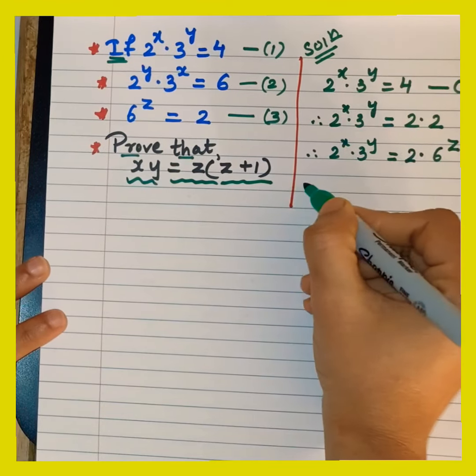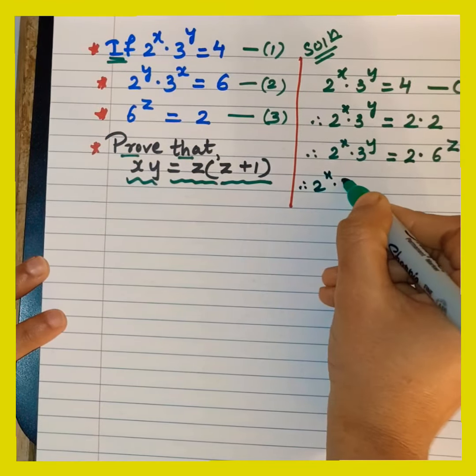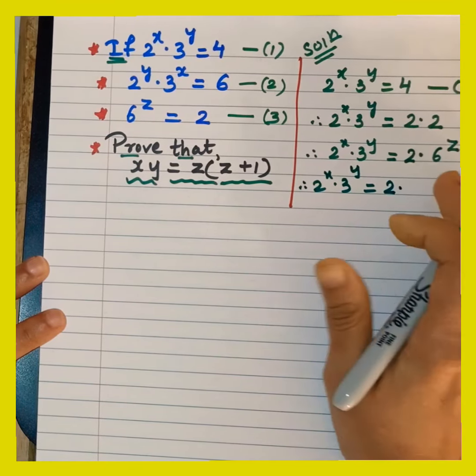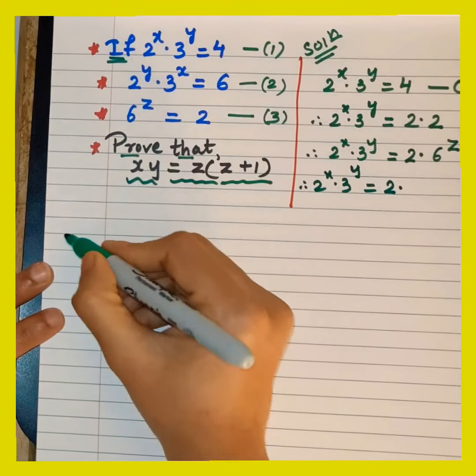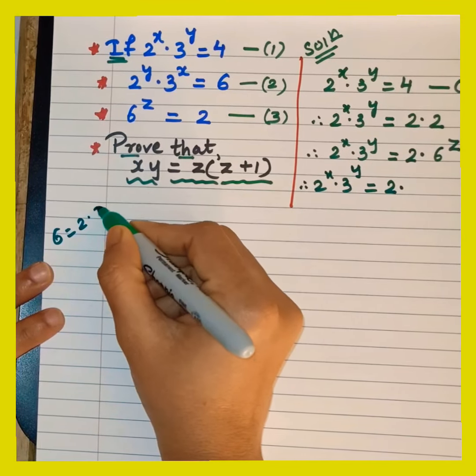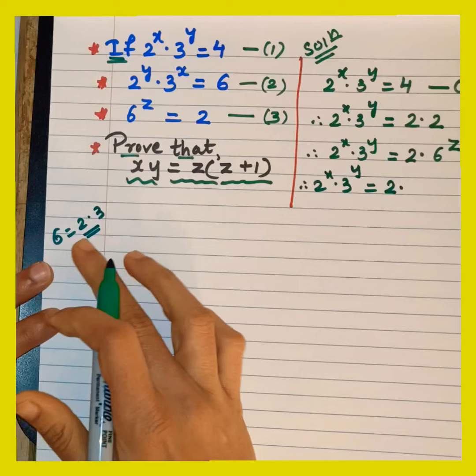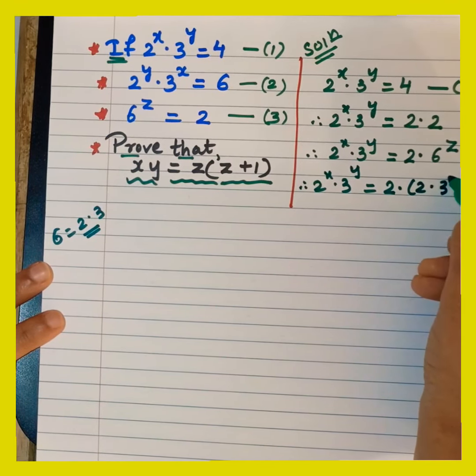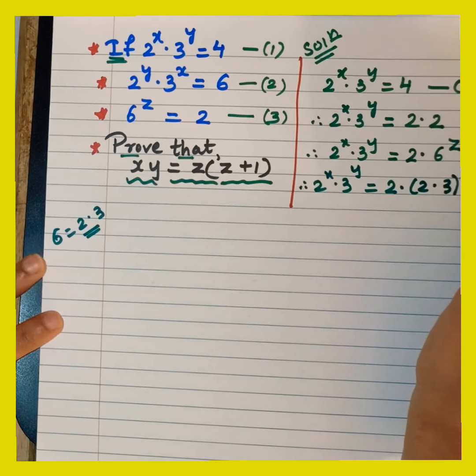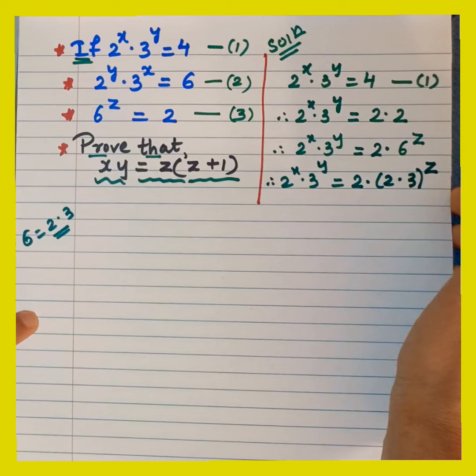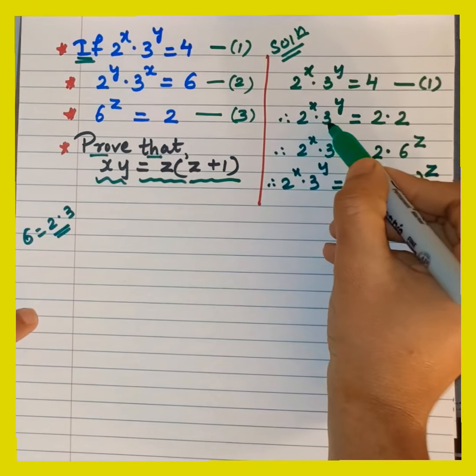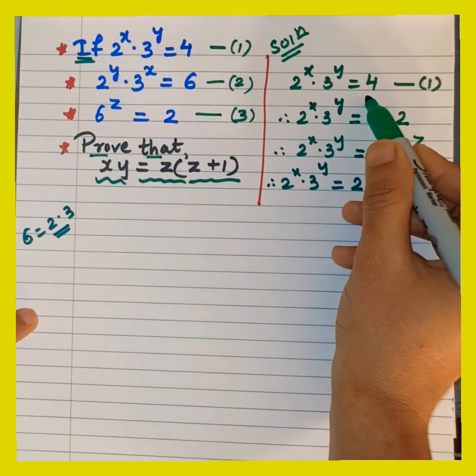So this part 2^x · 3^y I am keeping as it is. This side, 2 into, now in place of 6, 6 is equal to 2 into 3. So in place of 6 I am writing 2 into 3, and this whole part raised to z. This power z we are keeping as it is. So 2^x · 3^y = 4 was there.